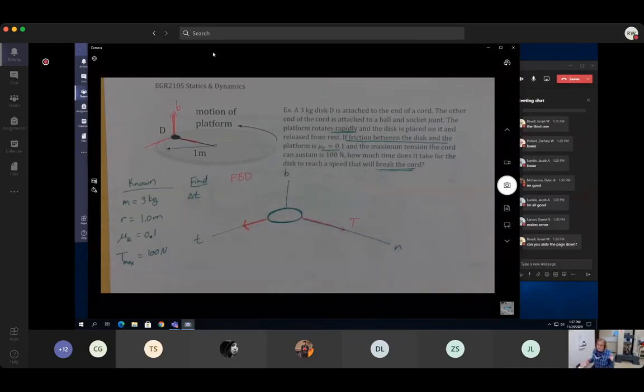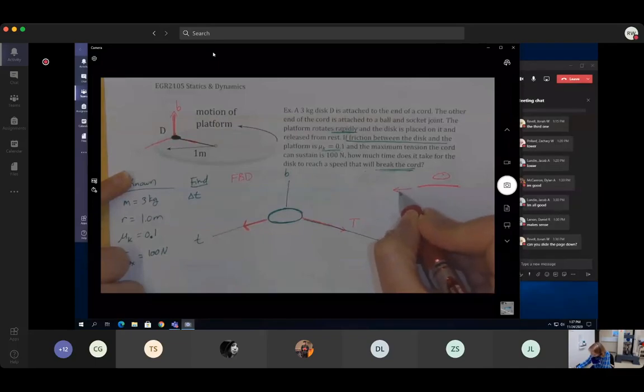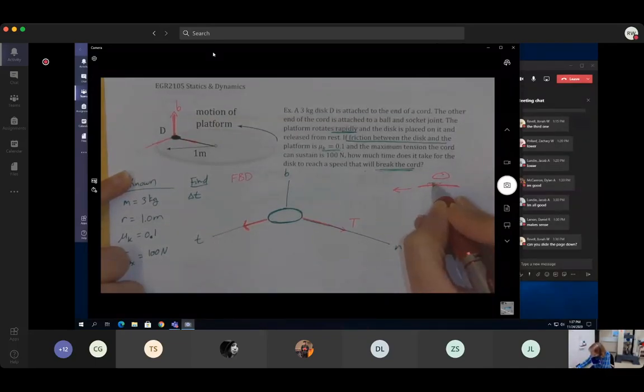It feels a little bit backwards, but essentially we've got our disk and we've got the platform. If our platform is moving this way, the friction acting on the platform is the opposite.